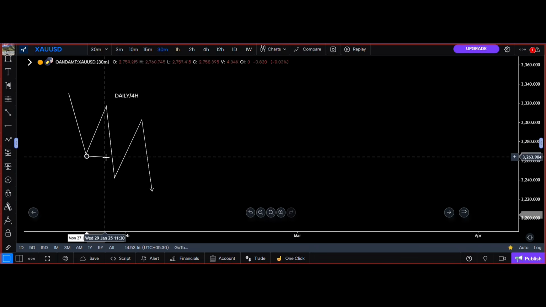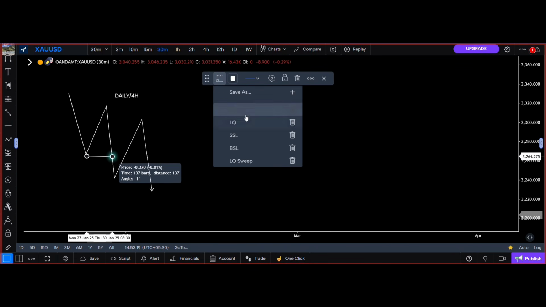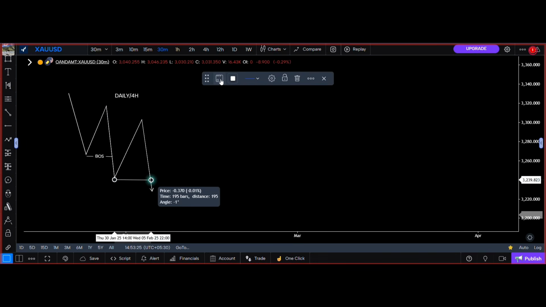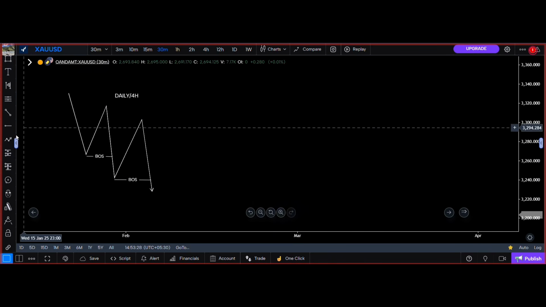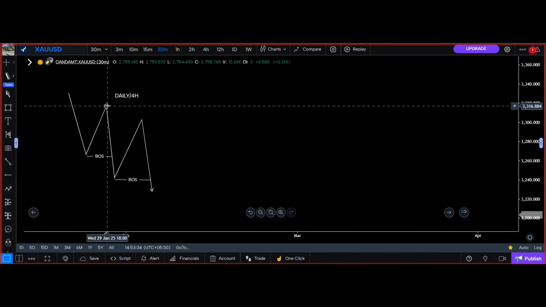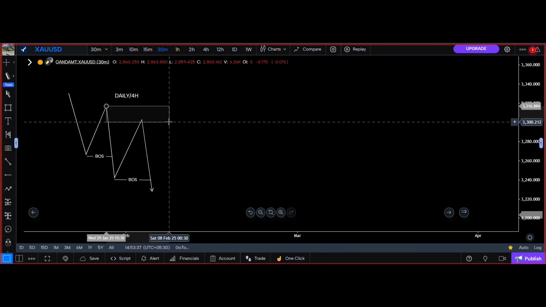This is the breakout structure here, and another breakout structure here. This will be our supply zone.